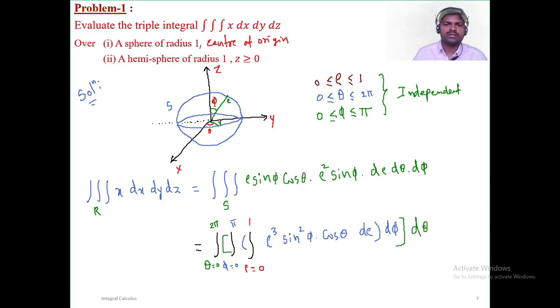Now since first with respect to rho, this will be a triple integration. Theta from 0 to 2 pi, and phi is from 0 to pi, 0 to 180 degrees, and rho power 3 will be rho power 4 by 4, where rho is from 0 to 1.